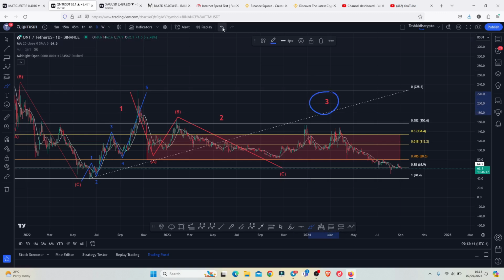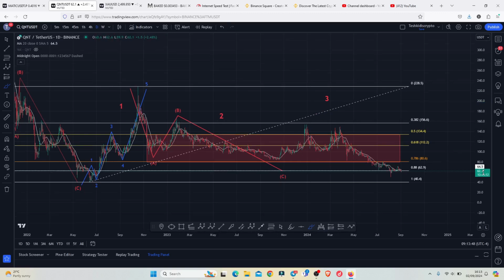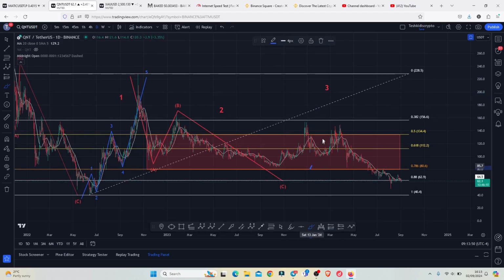But I have one issue with this Elliott wave structure, since you can all see that after we fully maximized our red target area over here, we saw a breakdown move, losing the fib level 0.78, and at some point we also lost the fib level 0.88, which is the last line of support here on the Fibonaccis that lies above the $62.9.